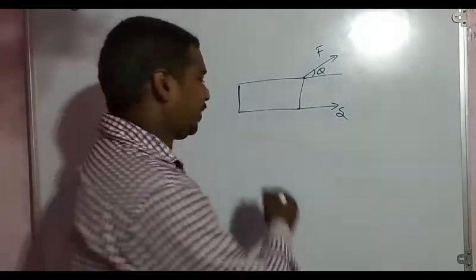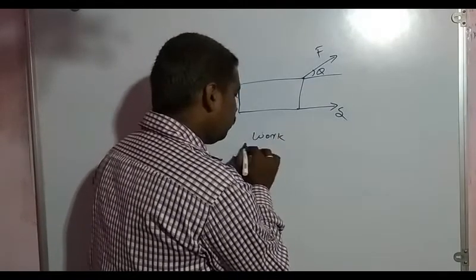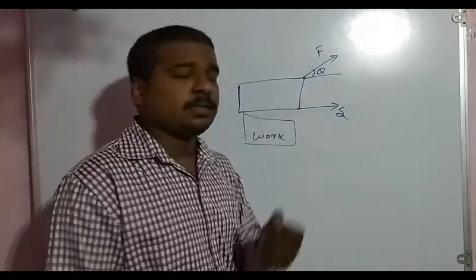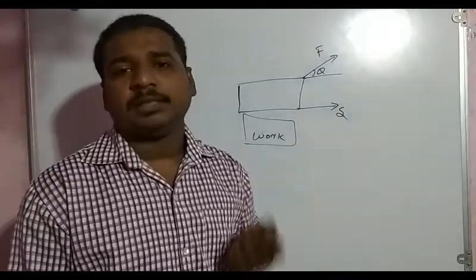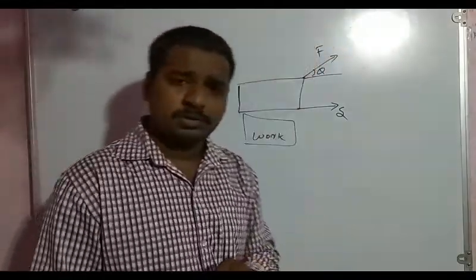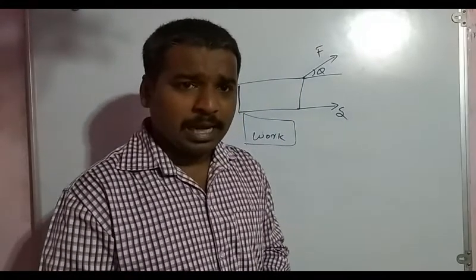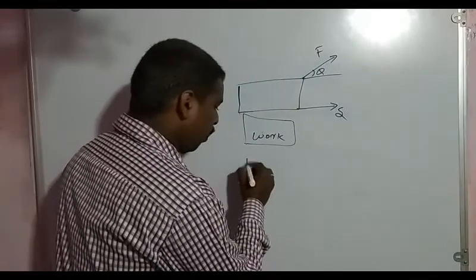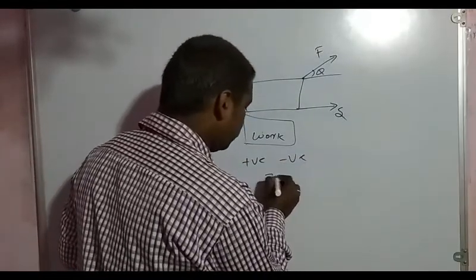We will see how to calculate work when the force is applied through angle theta, or is an inclined force, opposite force, or perpendicular force, any type of force. We will also see positive work, negative work, and zero work.